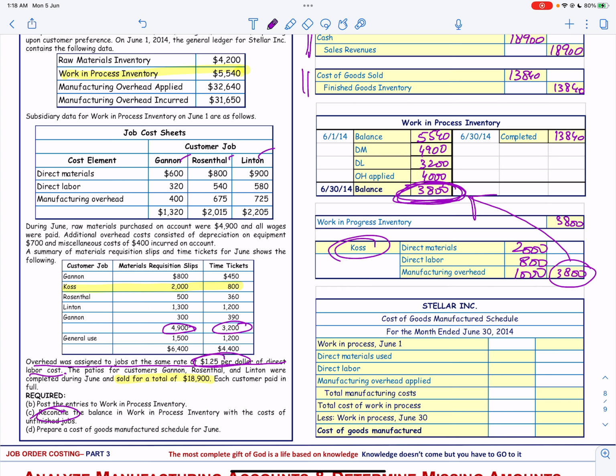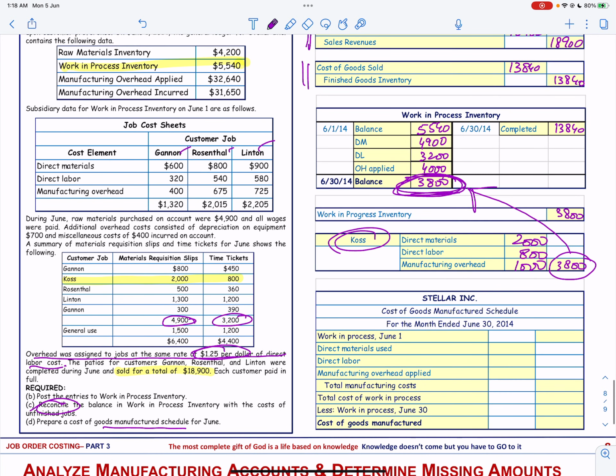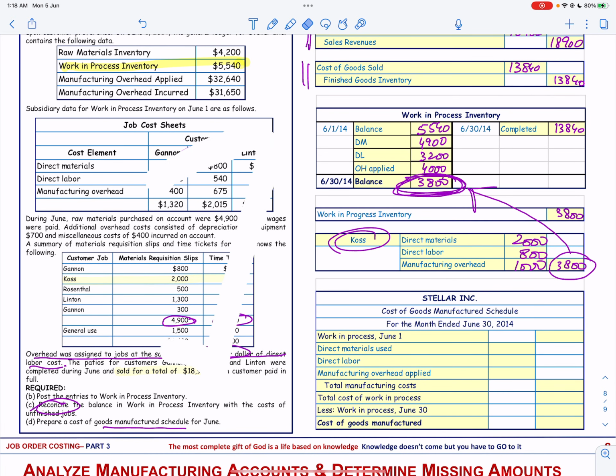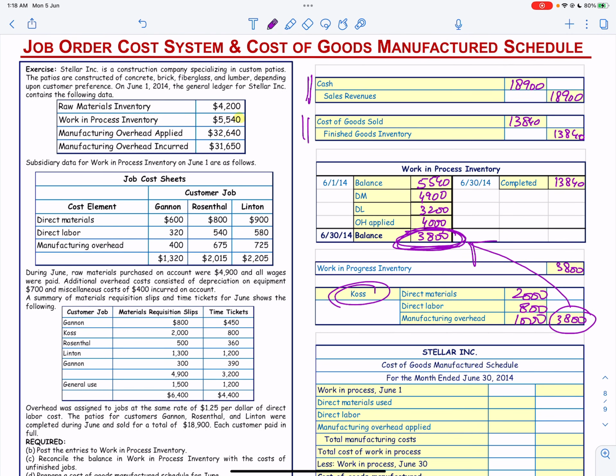Finally, we have to prepare the cost of goods manufactured schedule, and for this again we start with the beginning work in process, which is 5540. Then we have direct material used, and the direct material used in our case is 4900.